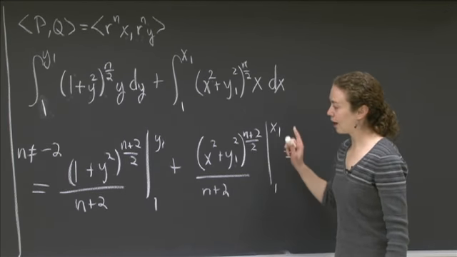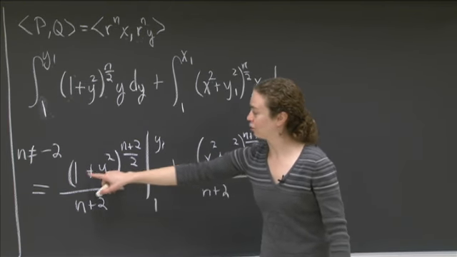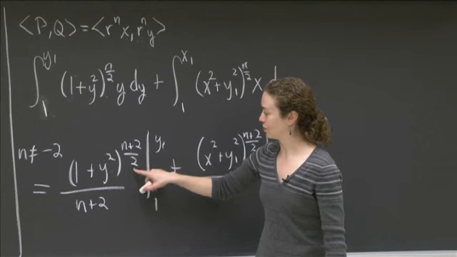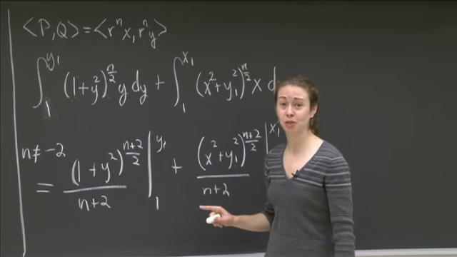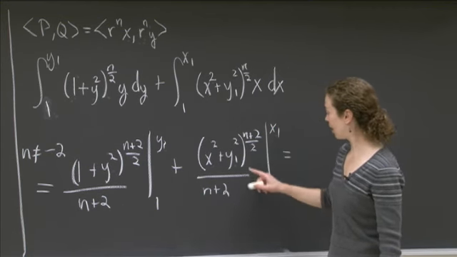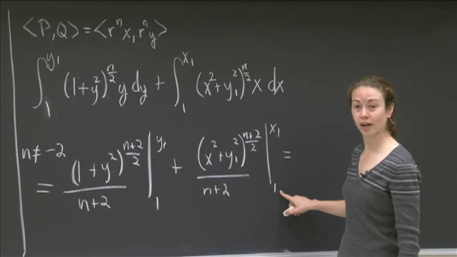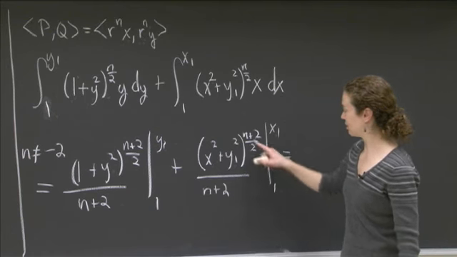Exactly what happens is the following. Notice that when I put in y1 here, I get (1 + y1^2)^((n+2)/2) over n + 2. I'm not going to write it down because I'm going to show you it gets killed off immediately. Where does it get killed off? It gets killed off when I evaluate this one at 1. The upper bound here is the same as the lower bound here.